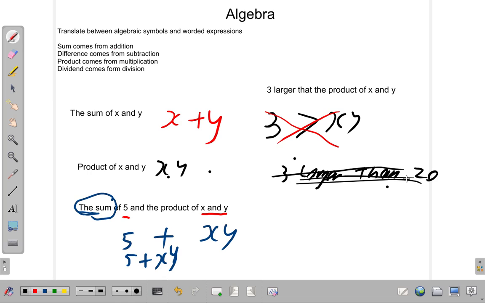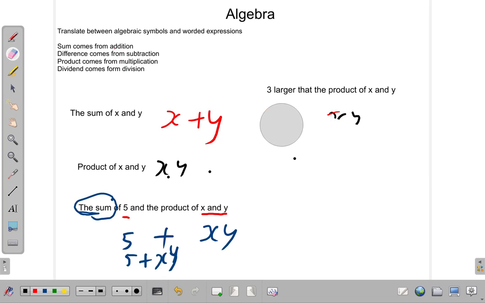Now, let's look at what we have up here. What this is asking for, 3 larger than the product of x and y. Let's erase these and go ahead with this. The product of x and y is xy. 3 larger than that would mean you have xy and you have 3 more, because 3 larger is saying 3 more.